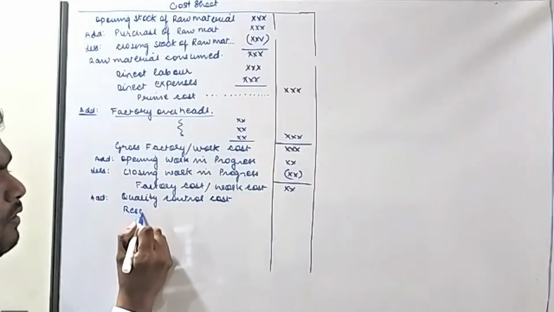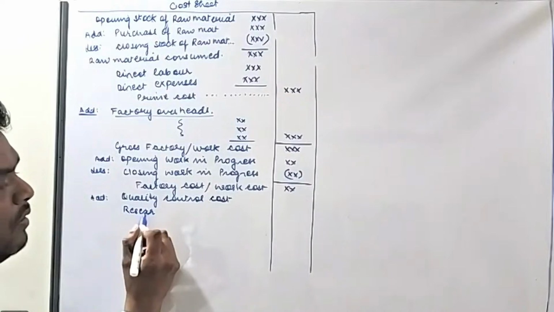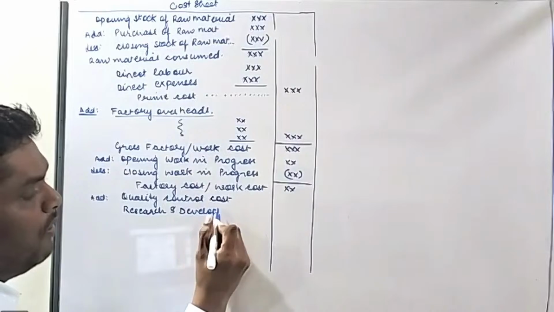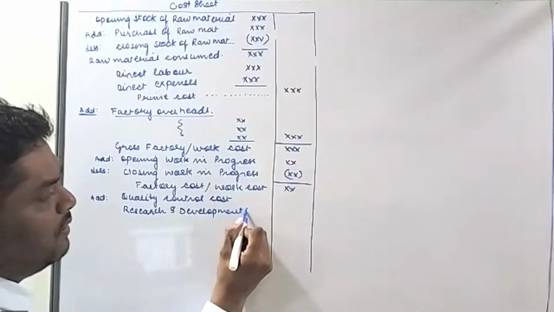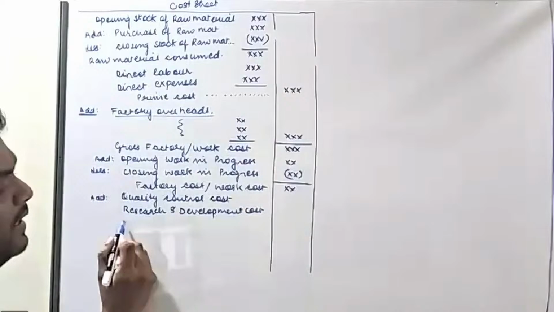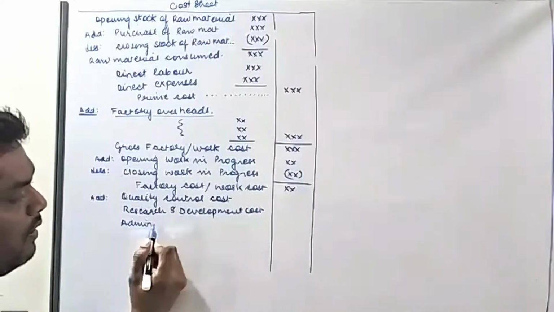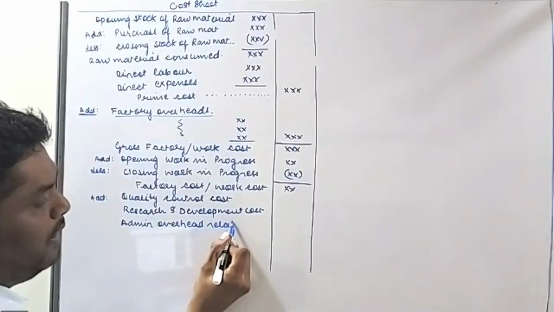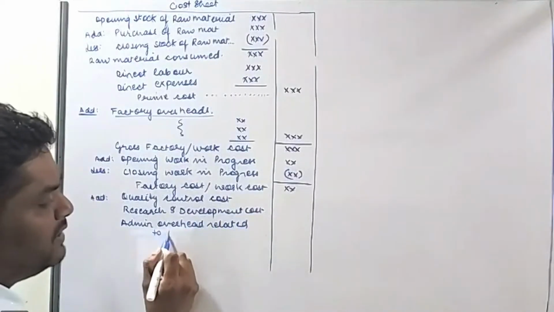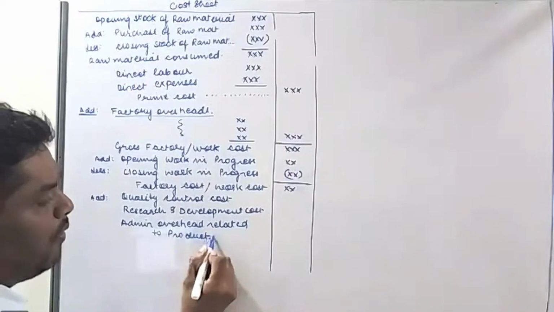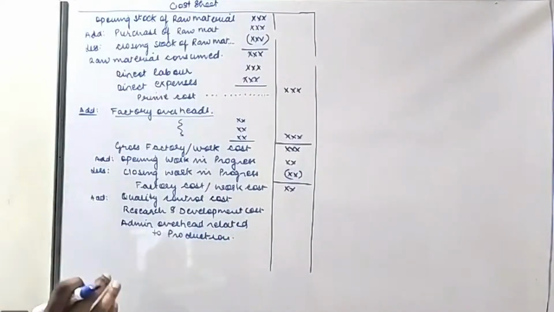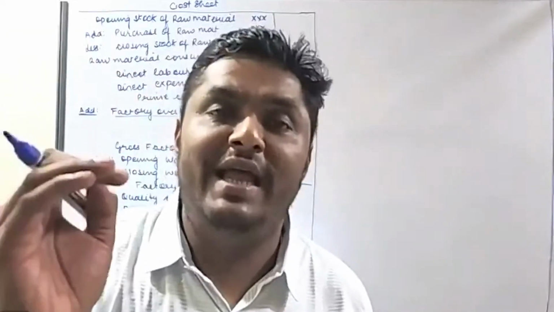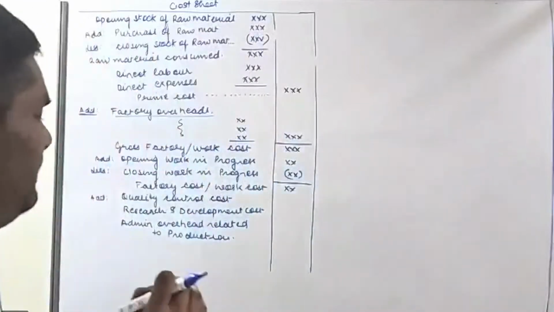Second one is research and development cost. Third one is administration overhead related to production.